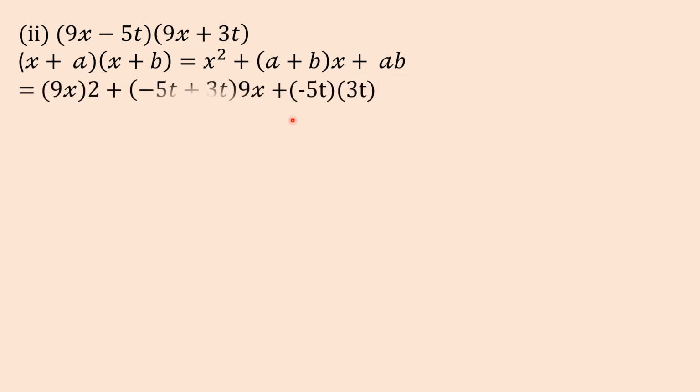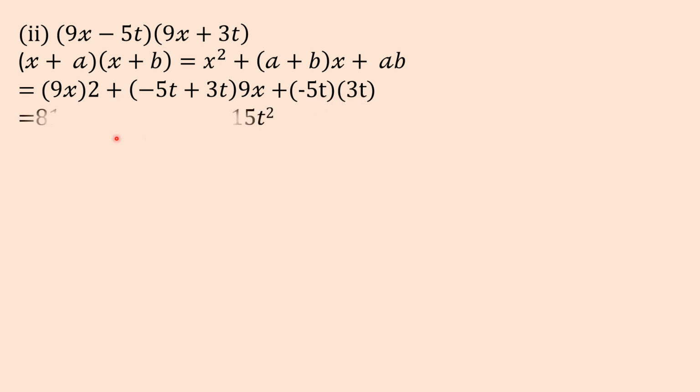So you'll put our x is 9x, a is minus 5t and b is 3t.